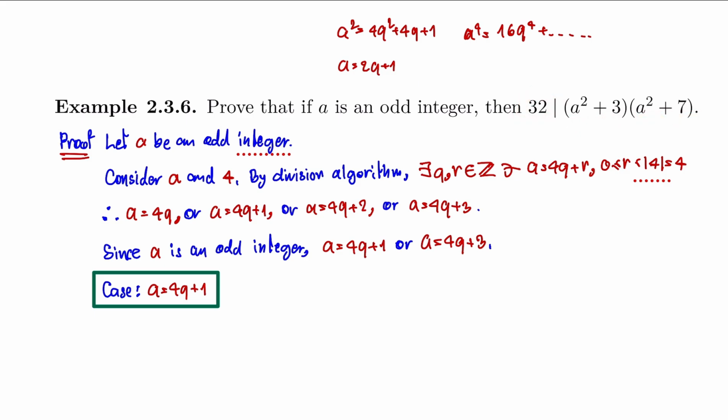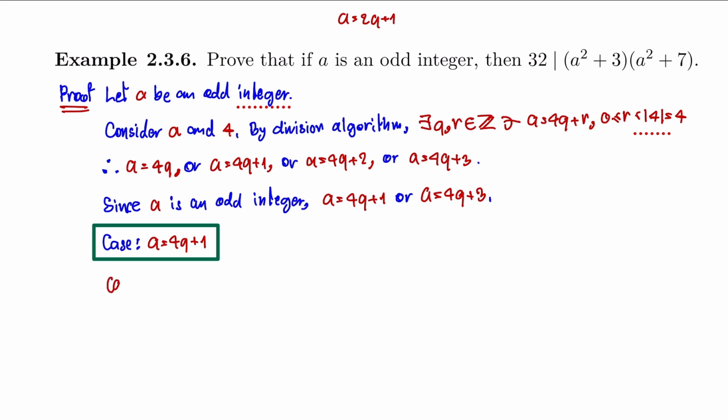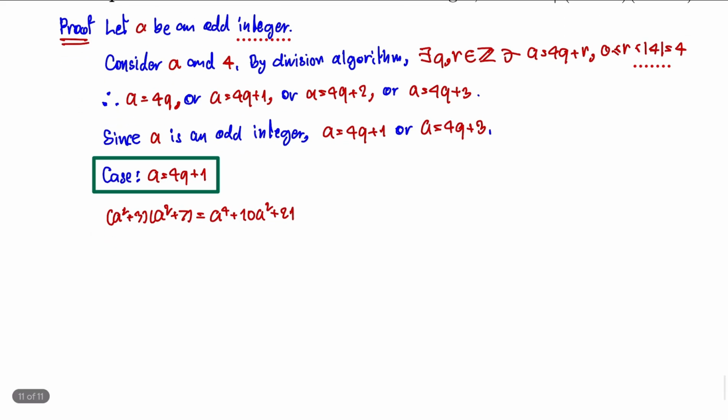So let's start with that product, which gives a to the 4 plus 10a squared plus 21. We can have (4q plus 1) to the 4 plus 10 times (4q plus 1) squared plus 21.